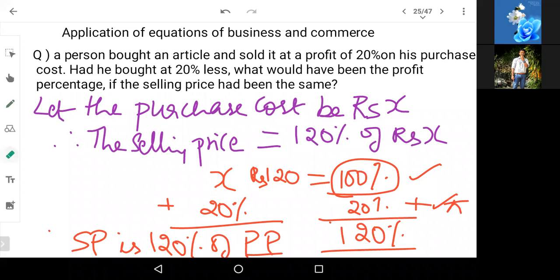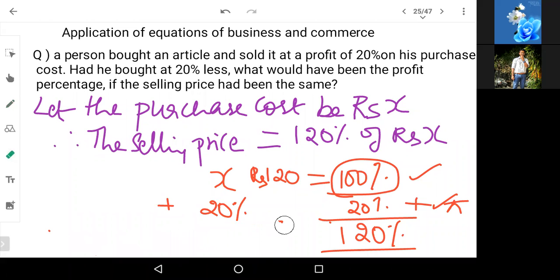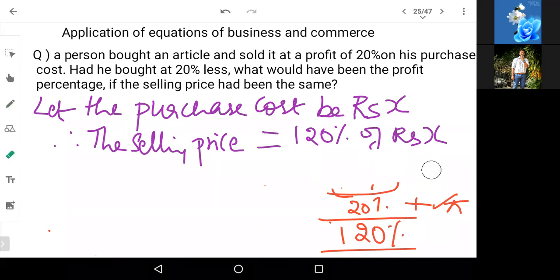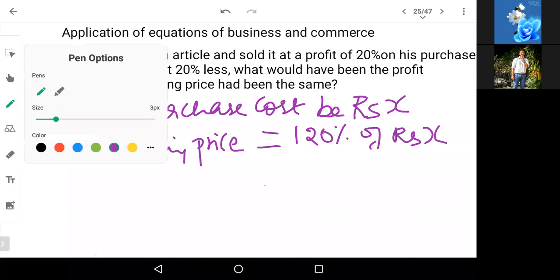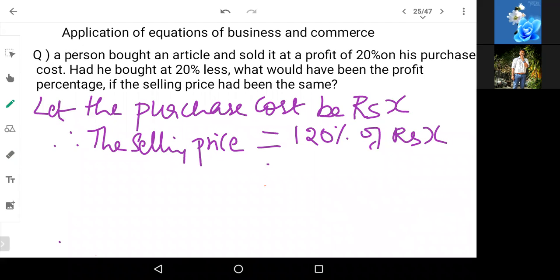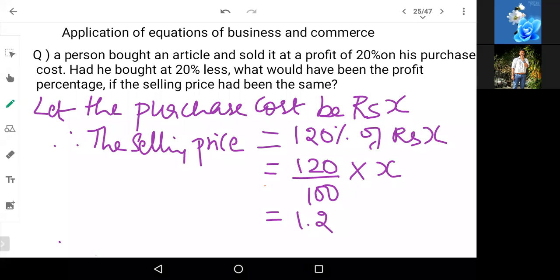Now, if I do a little calculation here, let me erase this. For this 120% of X, what will it become? 120% means 120 by 100. Of X means multiplied with X. So here 120 by 100, how much do you get? Just divide 120 by 100.